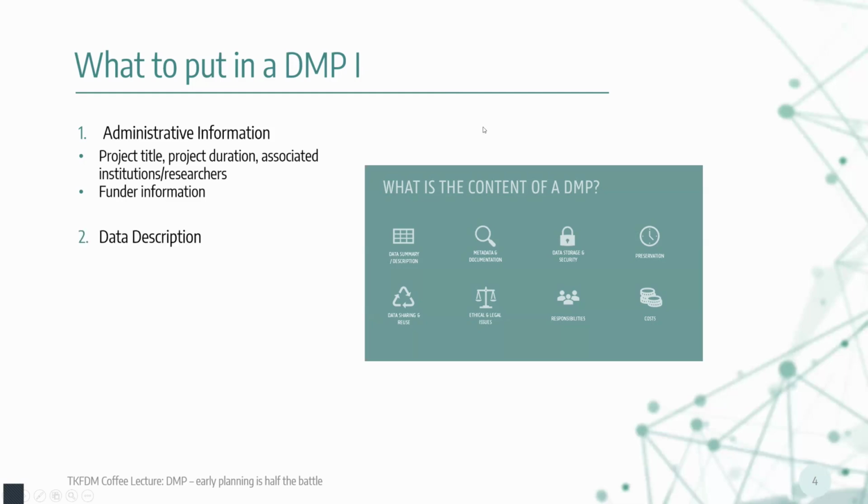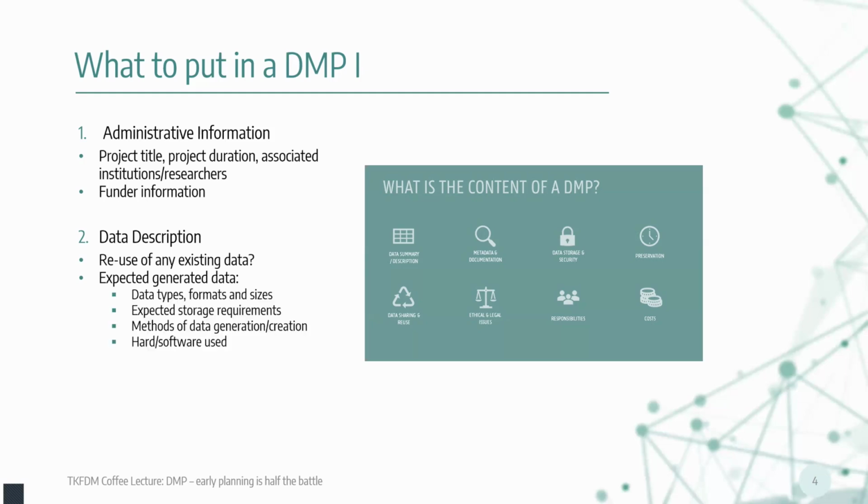And then generally the next one will consist of the data description. You will have a section in which you describe whether you are going to be reusing any already existing data, and if so, which, and whether you will generate your own data. That would then include a description of which data types, formats, and sizes you will be generating or collecting.